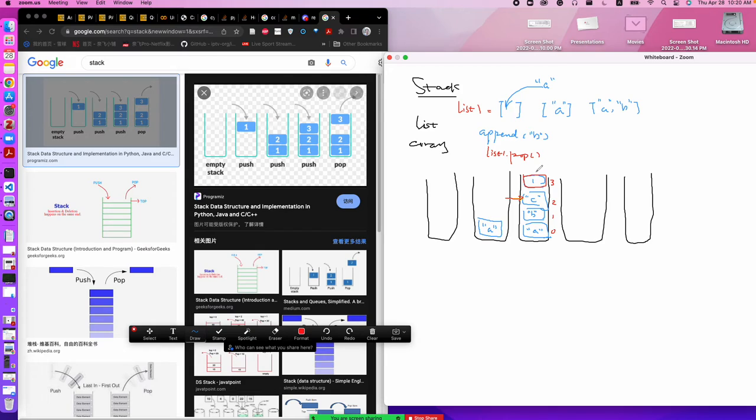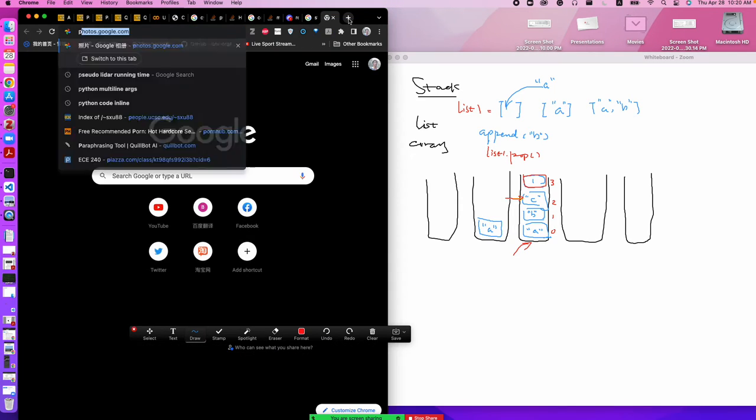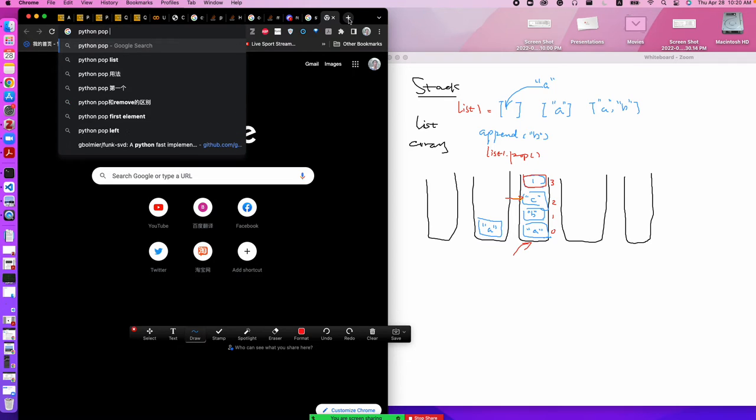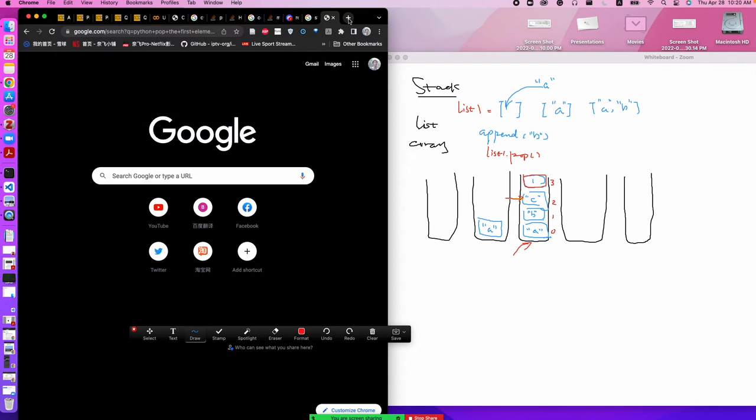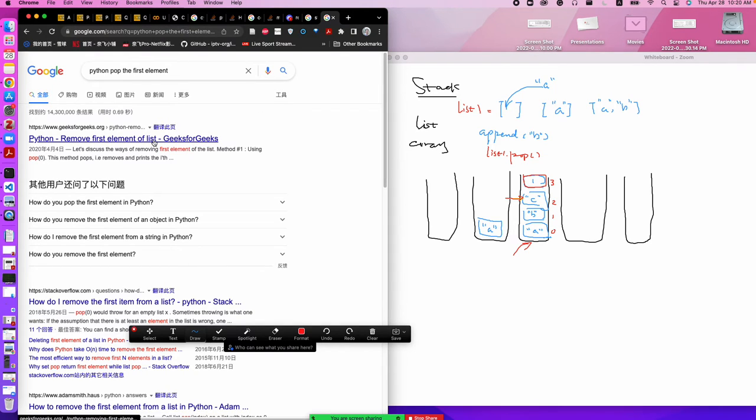It's quite interesting. In Python we have another way to pop these items, but in the other direction. Let's say we pop the first item. I don't remember, pop the first.